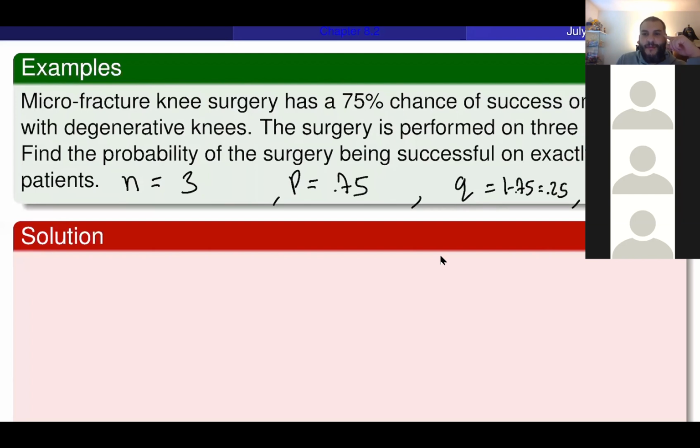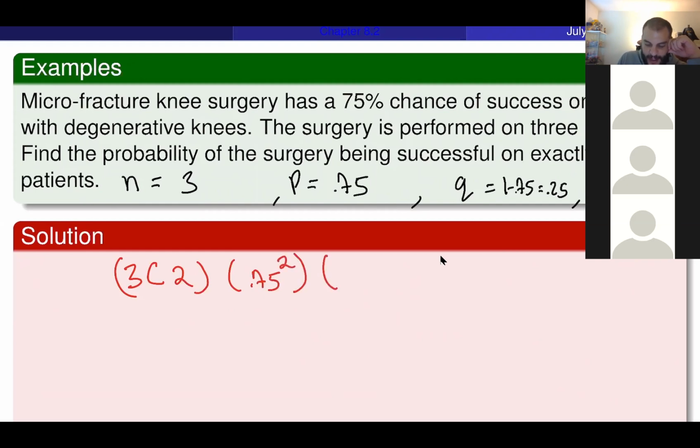So lastly, we want to find X. X is how many successes do we want? For this one, how many successes do we want? 2. Yeah, 2. If I put this into the formula, it will read as 3C2 multiplied by P, which is 0.75, to the X power, which is 2.